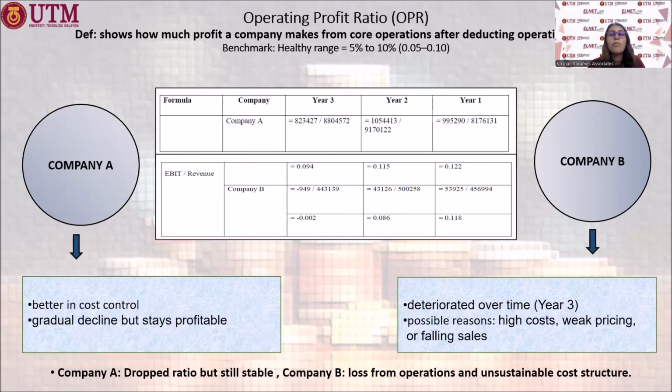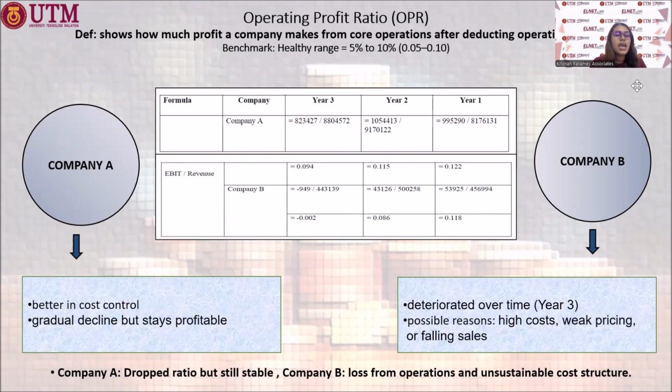Now we look at the operating profit ratio. Basically it is how much profit a company makes from its core operations after deducting operating costs. The healthy range is 0.05 to 0.10.